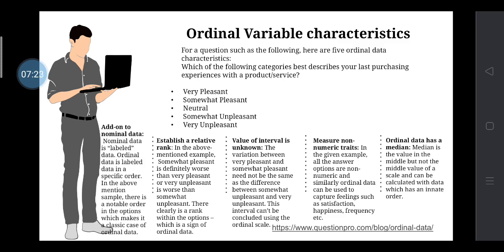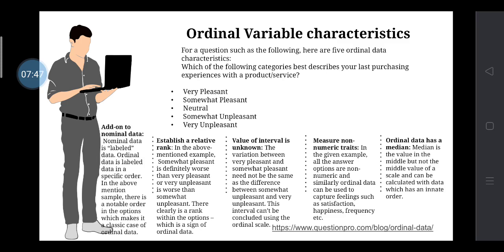Okay, let's move on to the characteristics of ordinal data. The first is that ordinal data is labeled data in a specific order. In the above mentioned sample, there is a notable order in the options, which makes it a classic case of ordinal data.